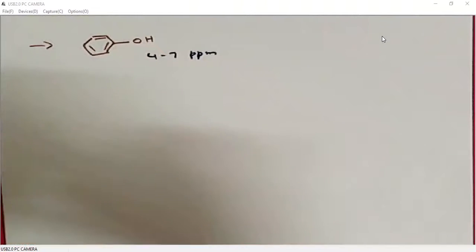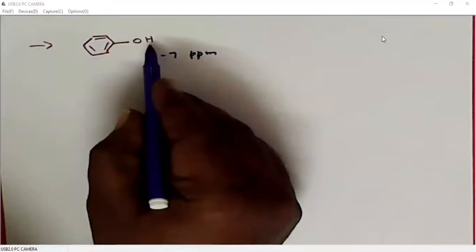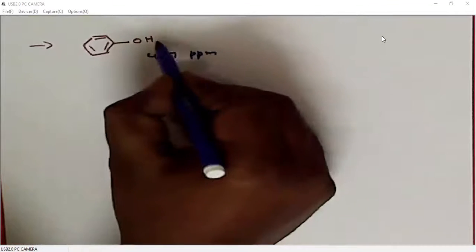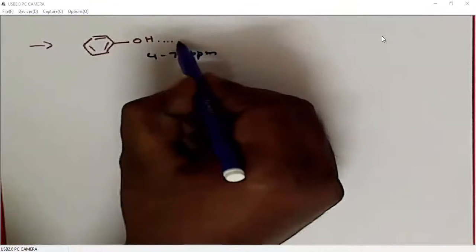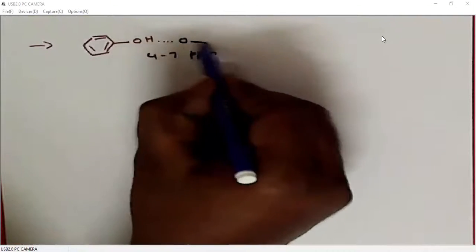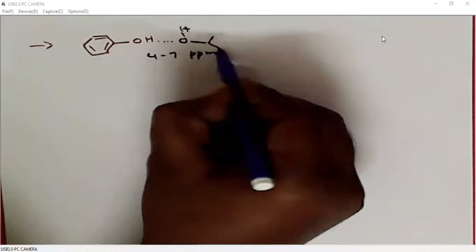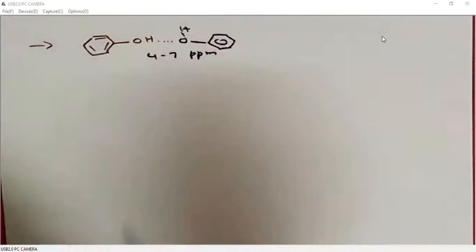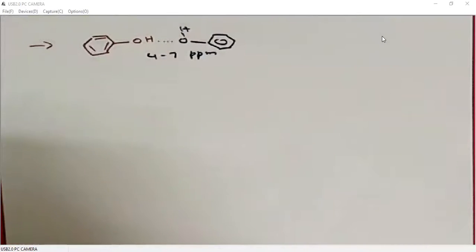Now we will look at the influence of hydrogen bonding. For example, the phenolic proton may be involved in intermolecular hydrogen bonding with the oxygen of another phenol, right? Now, how does the hydrogen bonding influence the delta value?